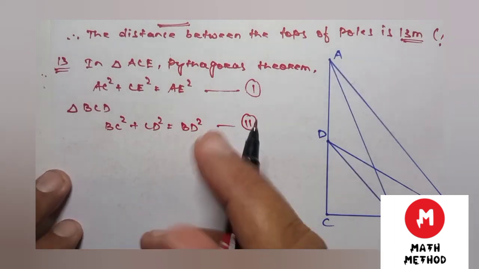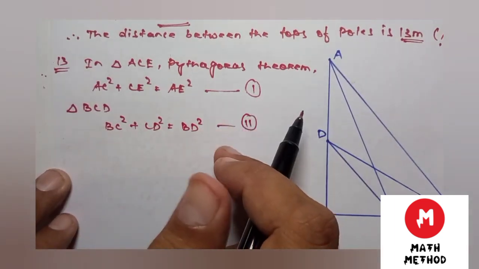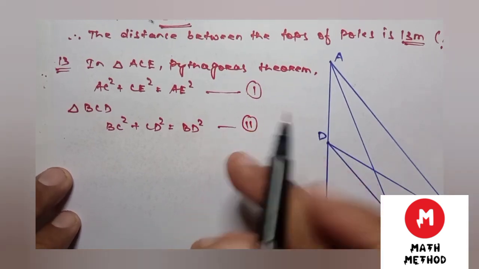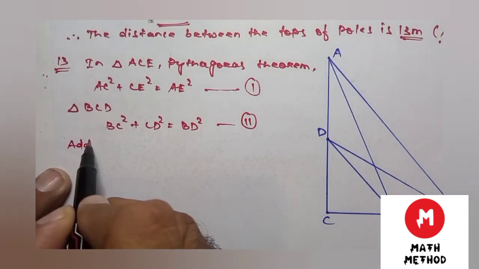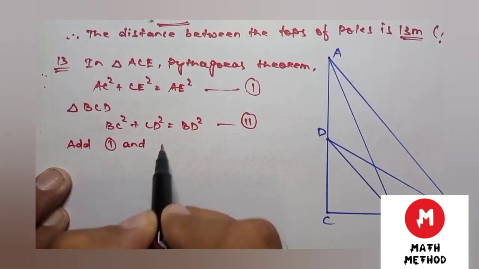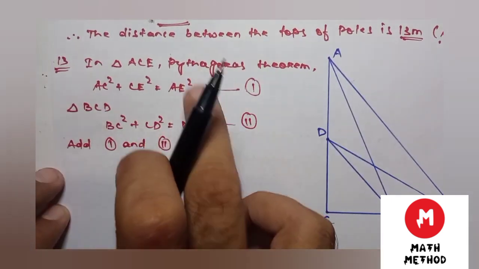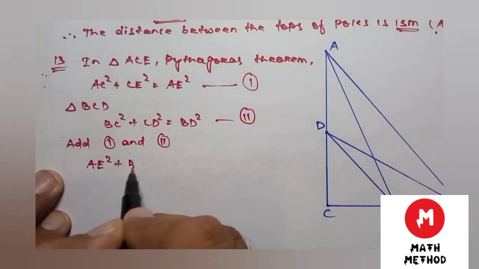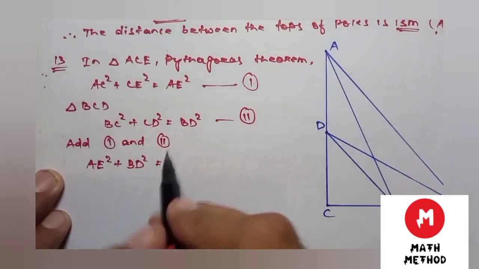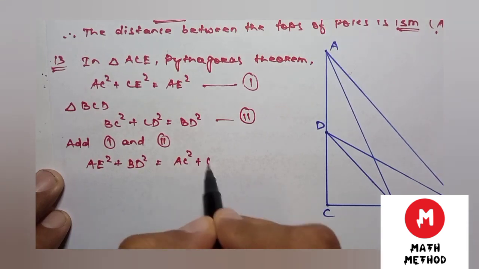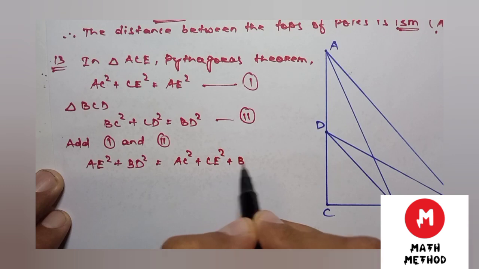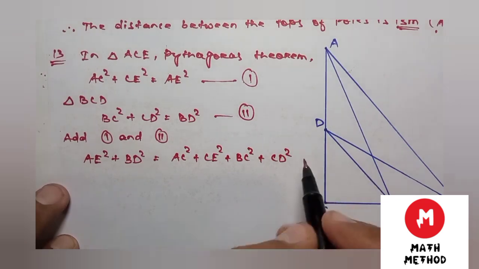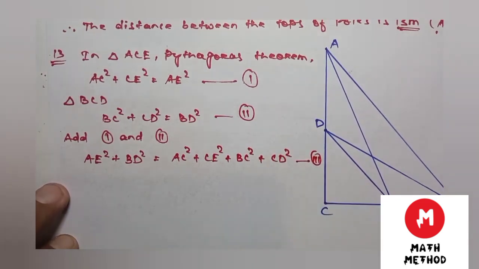Similarly, if we add both LHS and RHS of equations 1 and 2, we will get AE square plus BD square equals AC square plus CE square plus BC square plus CD square. Clear? So make it equation number 3.